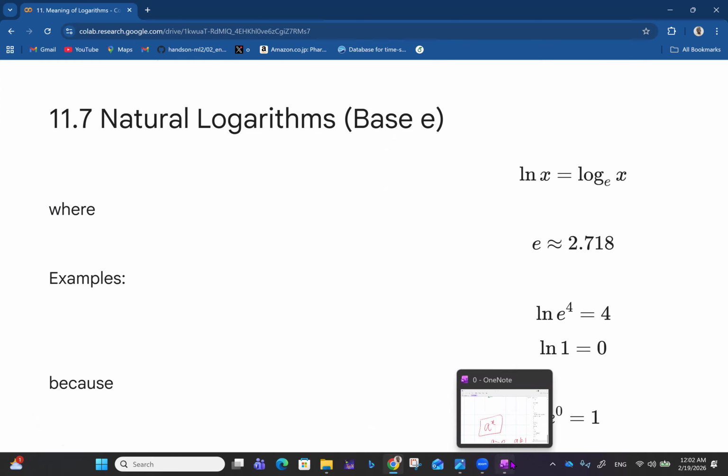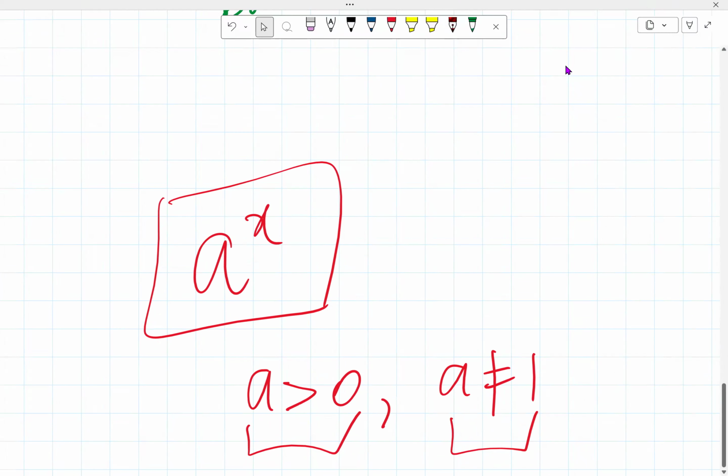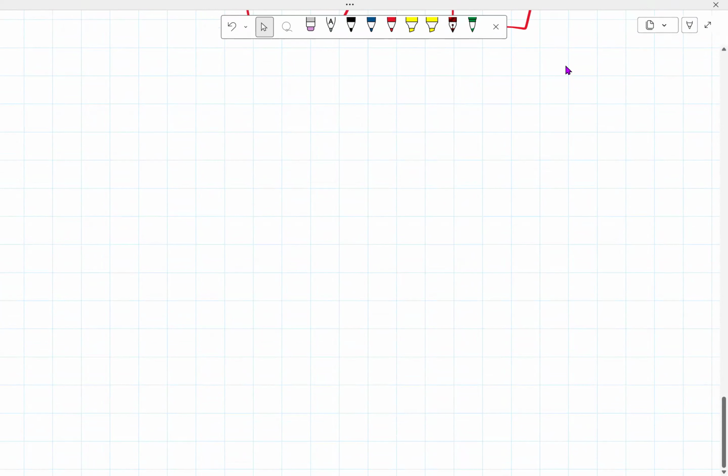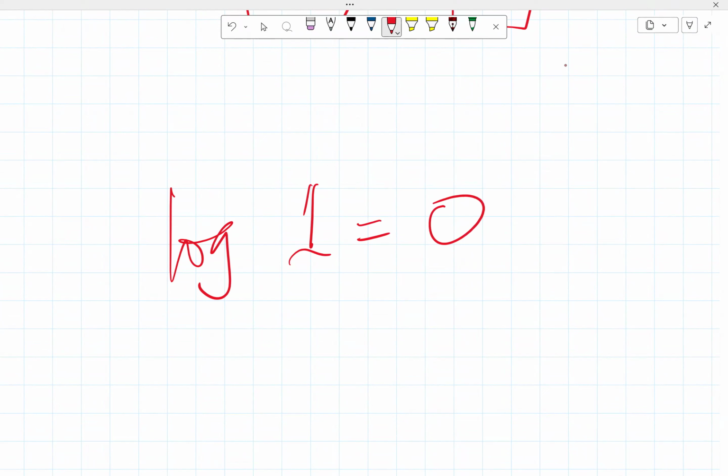So as far as the argument is 1, imagine you have log 1 to whatever base at all. Log 1 is always 0, because if the base is a, or anything you want to call it, it can be 10, it can be anything at all, it will always be that a raised by 0 equals 1.